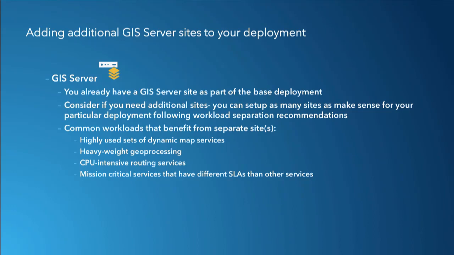If that's the case, it can make a lot of sense to have a GIS site dedicated for that purpose. And there's lots of other things. Routing services are generally fairly CPU intensive as they trace through the network and figure out the optimal route. Mission critical things that you need to isolate off from other less important things for separate SLAs can be a reason for why you want to add additional sites.